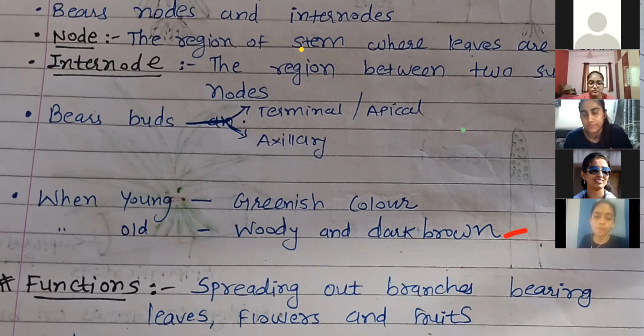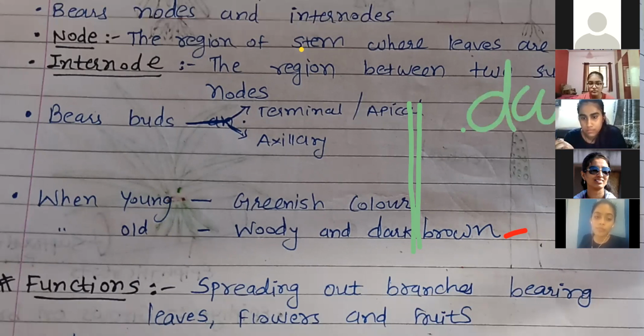Initially, when a new stem is developed, it is greenish in color. Newly developed portion of the stem is greenish. Later on, when it becomes more mature and older, it becomes dark brown in color, a woody structure.